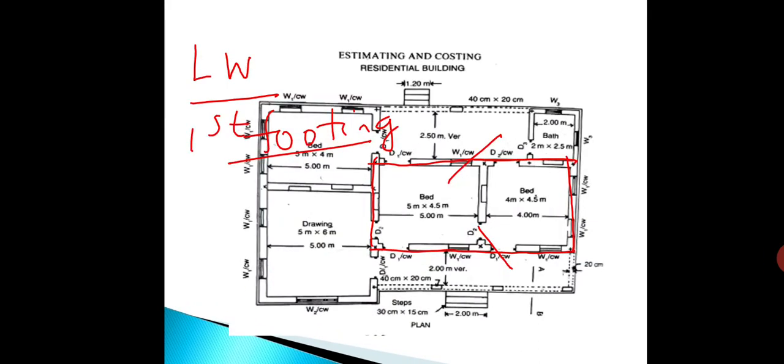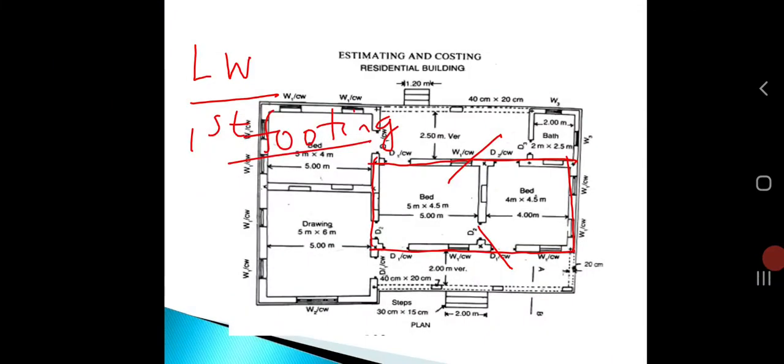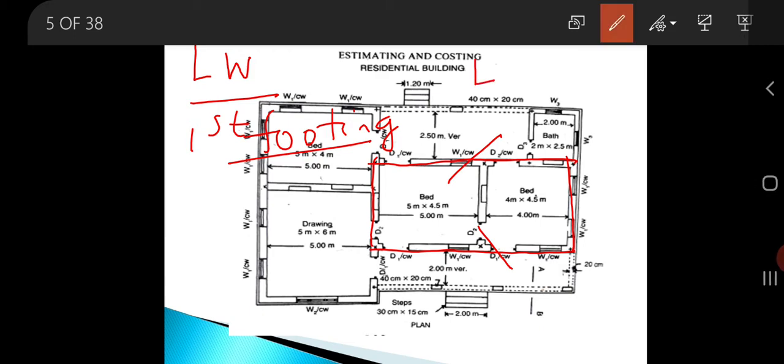So for calculation of first footing, what is the length? So for length, from the center to center length of the long wall, you have to subtract half of the width of the first footing for this side, because this wall has already been covered under the first part.